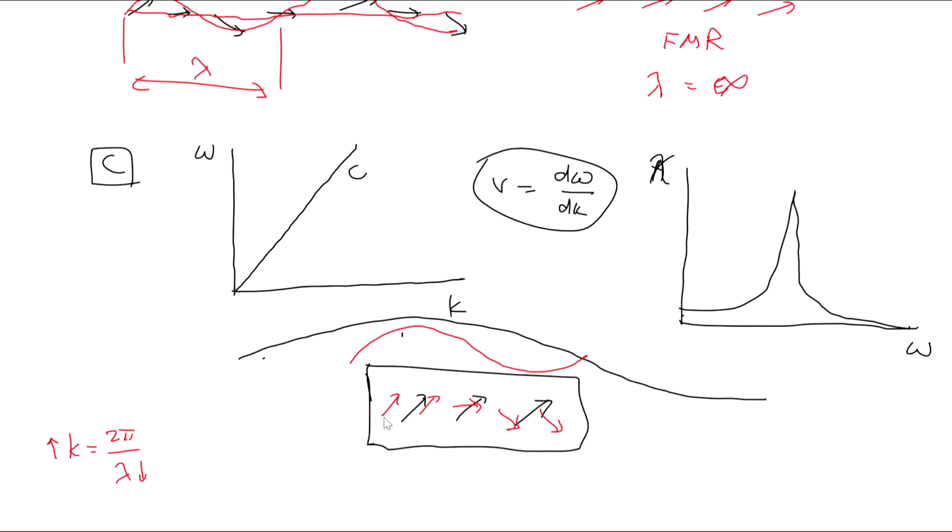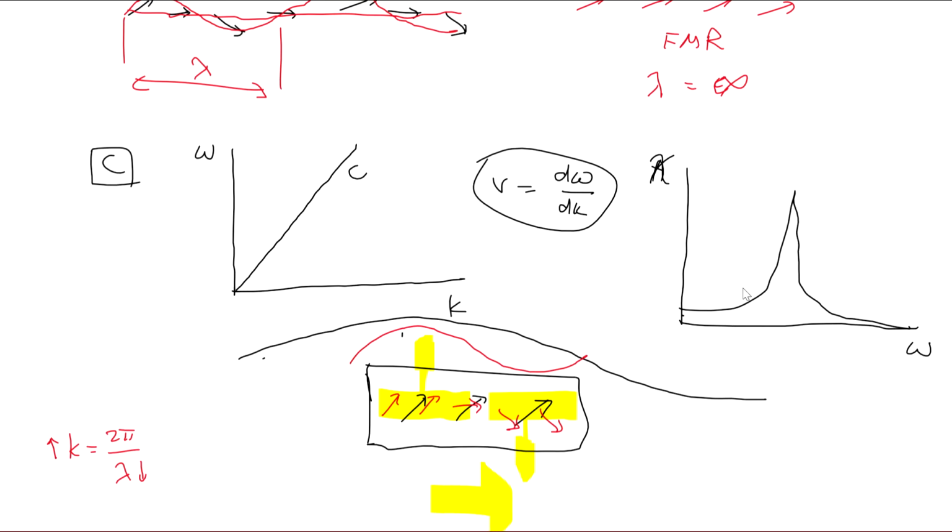So at high frequencies, magnetic moments do not want to oscillate uniformly at the same time, but there are certain frequencies at which they will start to oscillate out of phase. While this part of the material goes up, that part will go down, and therefore you have a wavelength, and all this will propagate in that direction.